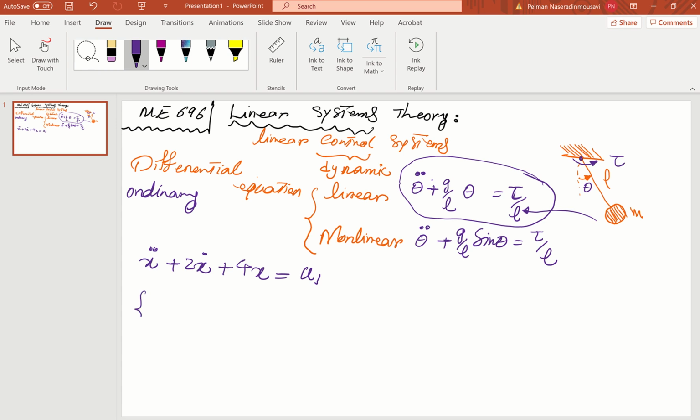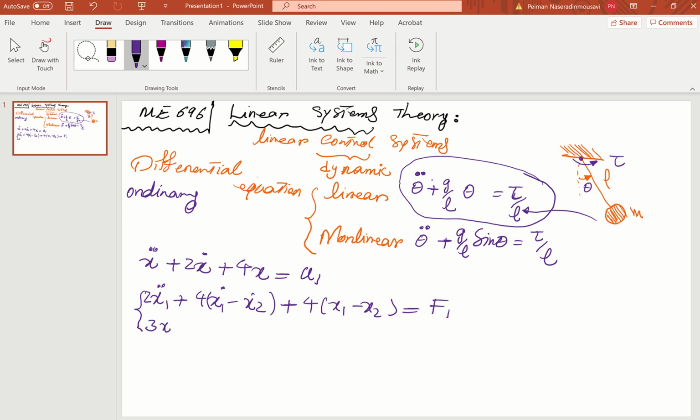Or, I don't know, you have two springs, masses and dampers that are acting in series. You're going to have 2x1 double dot plus 4 times x1 dot minus x2 dot, plus, I don't know, 4 times x1 minus x2, is equal to f1. I suppose that you learned this in the vibration course.